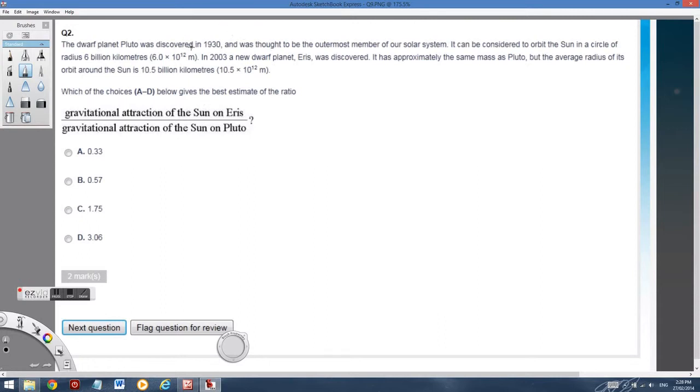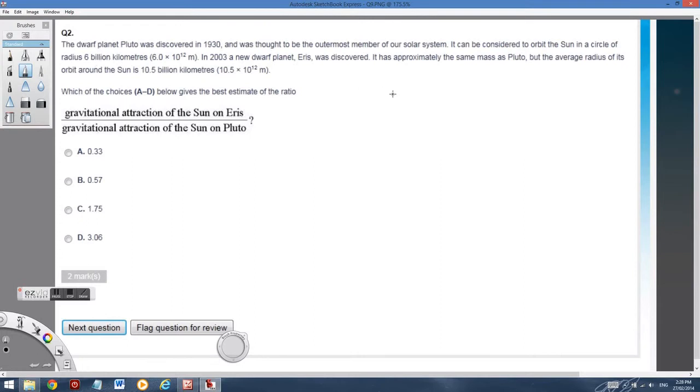Now have a look. It is again a ratio question. We have a planet, Pluto.